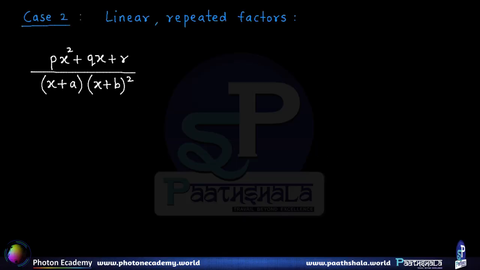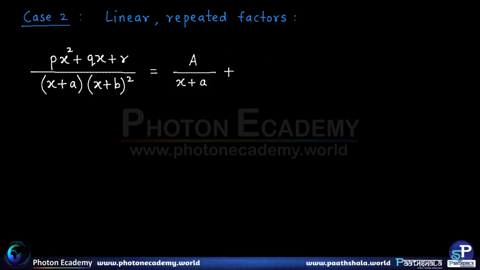So in this case, the way we split the given function into partial fractions is like this. That is, for the first fraction we consider x plus a. So let's call capital A as its numerator, plus for the second fraction we consider only one occurrence of the repeated factor first, that is x plus b.